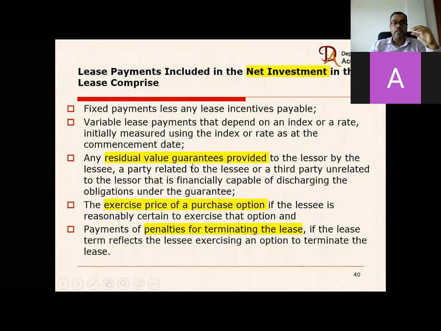guarantee is provided, that is the guaranteed residual value to the lessor. Then you can take that also if the case may be. Then if there is any exercise value for the purchase option, sometimes the purchase option goes along with the guaranteed residual value. There may be two or sometimes one. In the guaranteed residual value, purchase option may be included. Who knows? It depends.